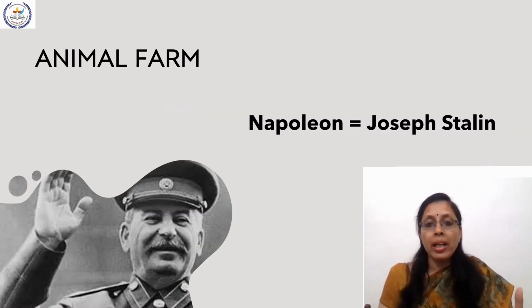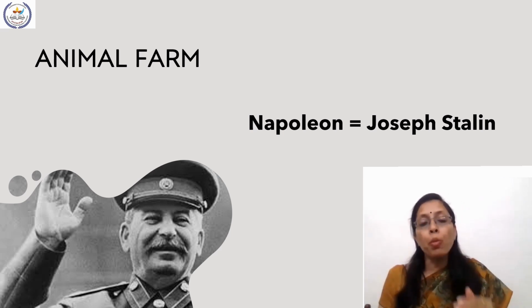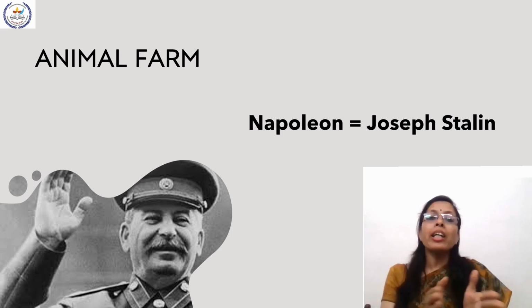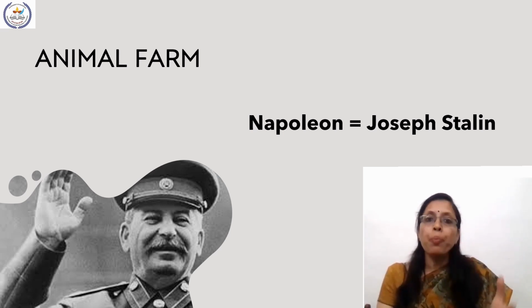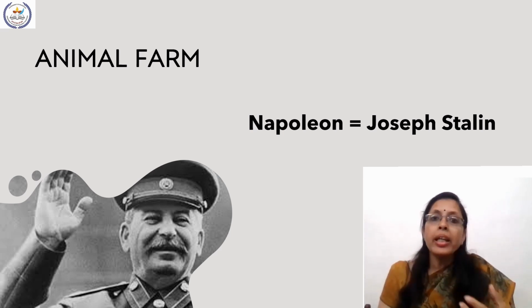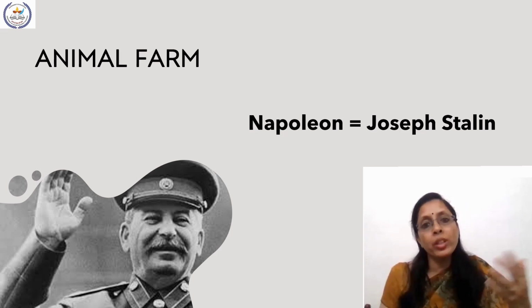Then we have another character which is very important, and this is the character of Napoleon. So Napoleon is a pig, and Napoleon stands for Joseph Stalin. So Napoleon is that pig who turns dictatorial. He is hungry for power and he takes control of the animal farm. He drives out Snowball, who is another pig and was his competitor.